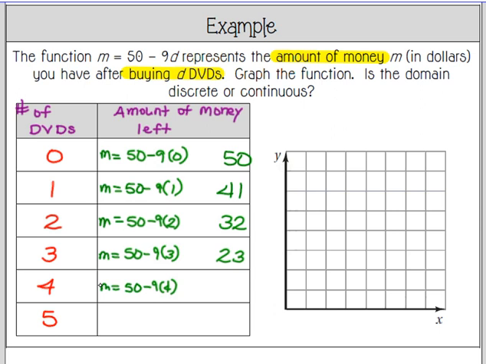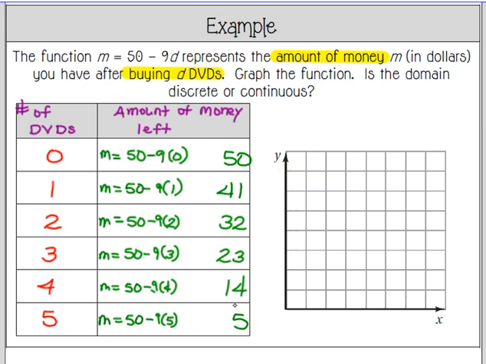Nine times 4 is 36, so 50 minus 36 would give us 14. And last value, 50 minus 9 times 5. 9 times 5 is 45, so take that from 50, so we would have $5 left.